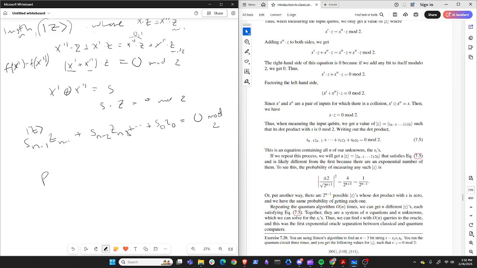If we repeat this process, we eventually wind up with a z that satisfies 7.5 and is likely different from the first z that we saw, because there's an exponential number of them.